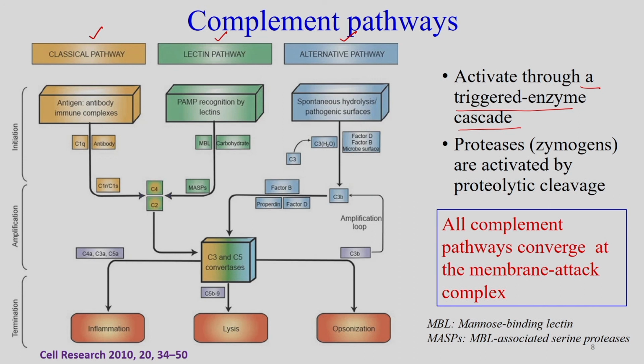The lectin pathway is activated whenever the carbohydrate binding domains of particular pathogens are available. And the third pathway is the alternative pathway. It is activated when there is some pathogenic surface or even some foreign materials or some spontaneous hydrolysis.